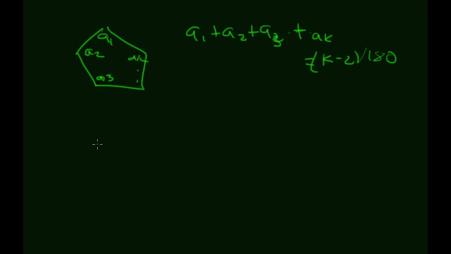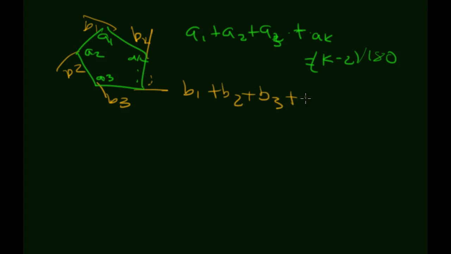And if I take the exterior angles, so the ones that are on the outside, B1, B2, B3, out to BK, that result has to just add up to 360 degrees, regardless of how many sides are in the polygon.